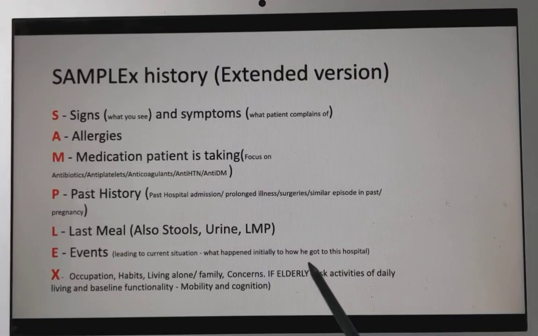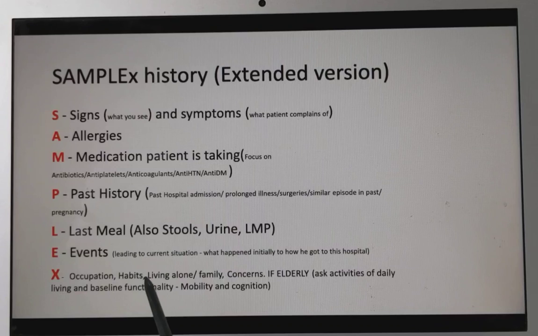Of course the person who collapsed, did not recover, and had to be brought in by ambulance would be sicker than somebody who collapsed and got to hospital by himself. So events is important.